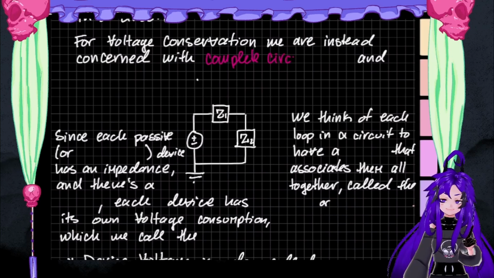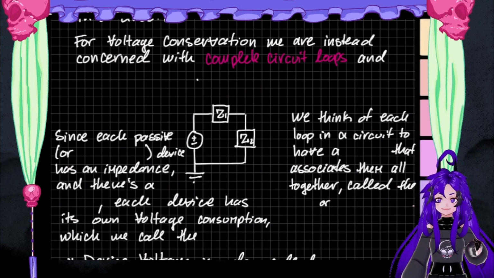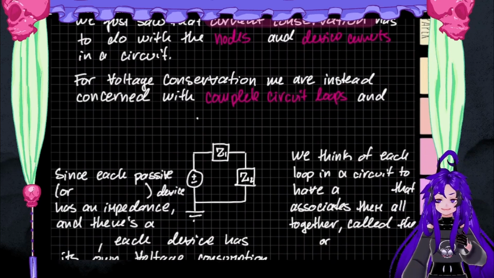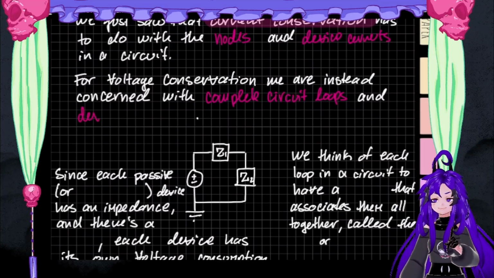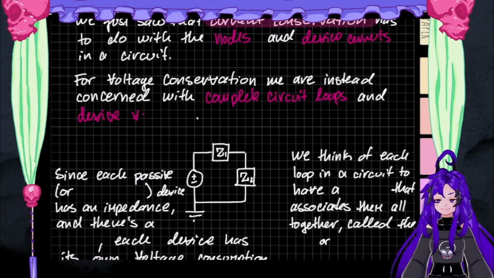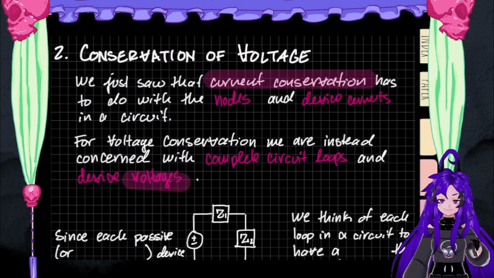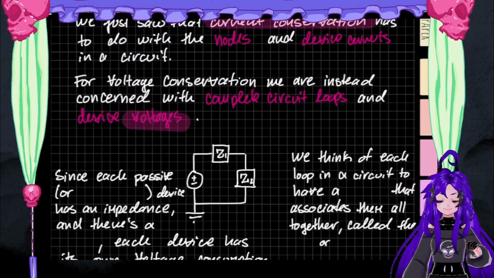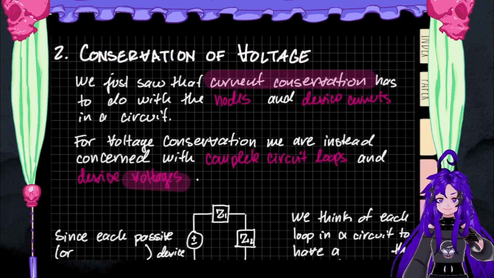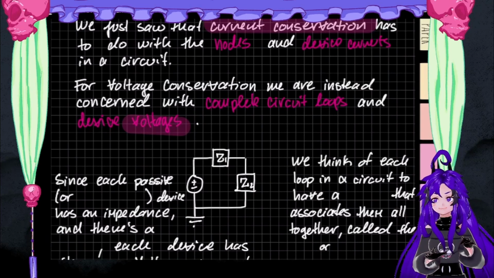And we're also interested in the device voltages, right? So voltage law, voltage loop, or voltage device voltages. Current law, current device currents, right?